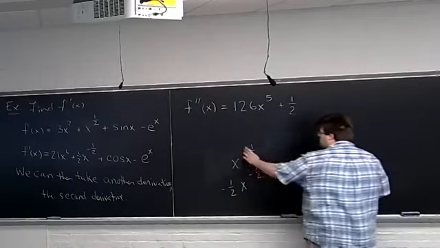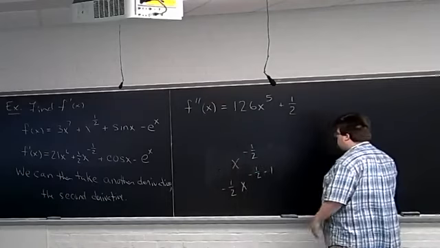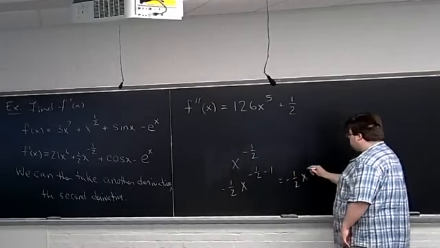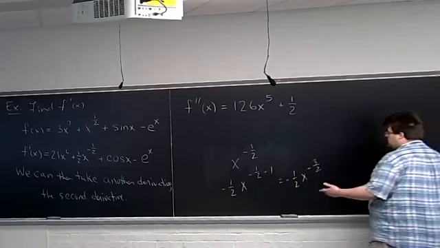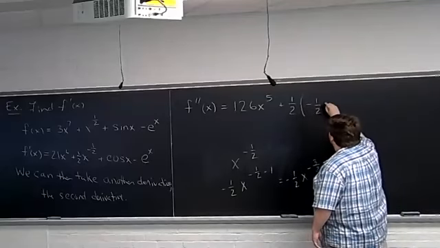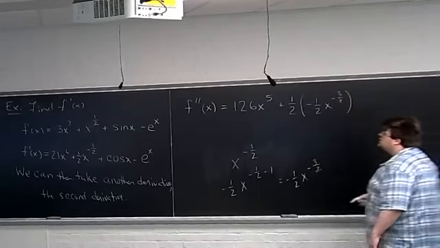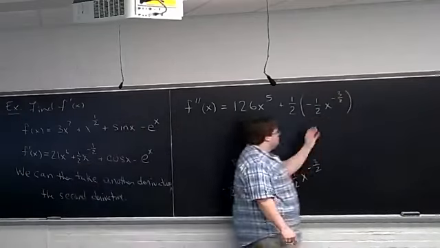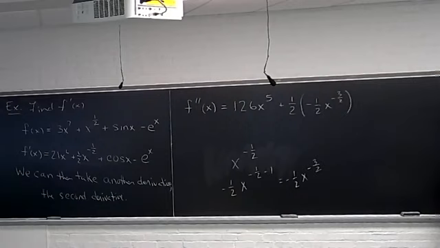It's still x to the exponent minus 1. Well, negative 1/2 minus 1, negative 1/2 minus 2 halves, so it gives you negative 3 halves. So here, we first have this 1/2, and then we have the power rule after that. Any questions about the second piece there?